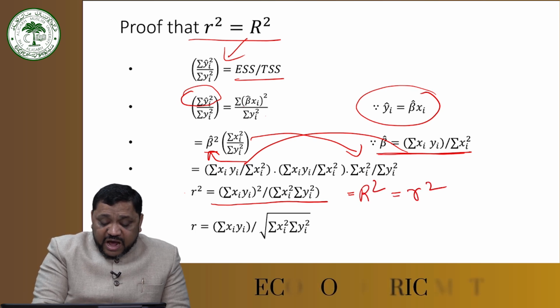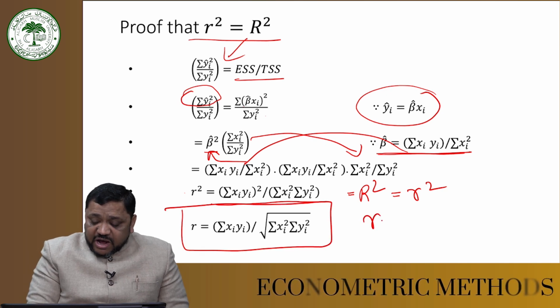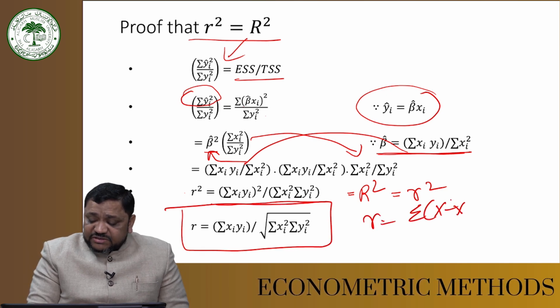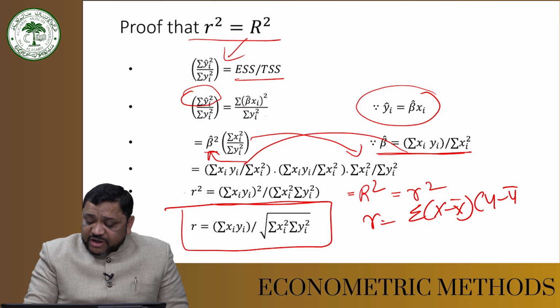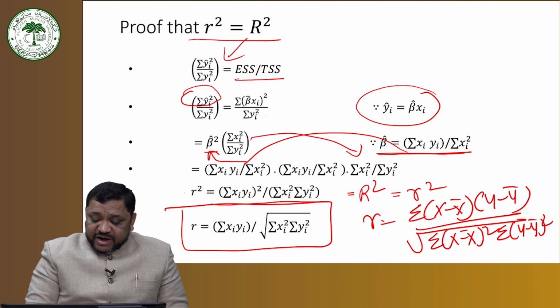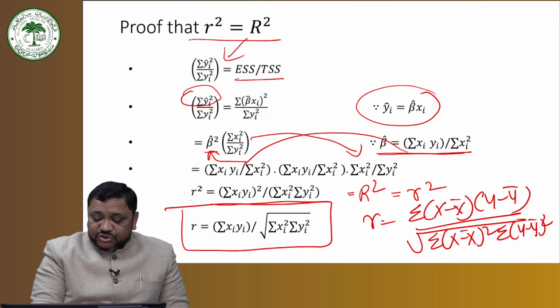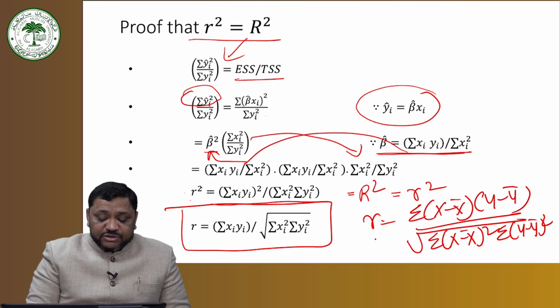The formula for r was summation x minus x bar y minus y bar divided by the whole square root of summation x minus x bar square summation y minus y bar square. Here it was a square, so when we remove the square, we get this.